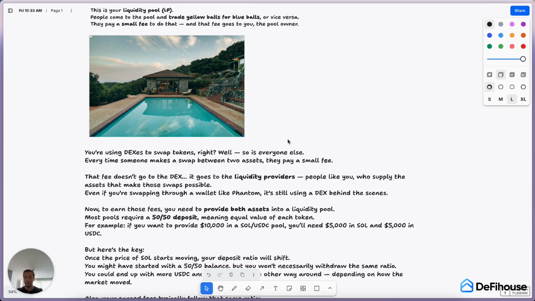And you swap it. In your wallet, you see the balance change instantly, but behind the scenes you used one of the decentralized exchanges. And depending on the exchange and the pool that the wallet used, those people that provided liquidity specifically to that DEX and that pool got rewarded.